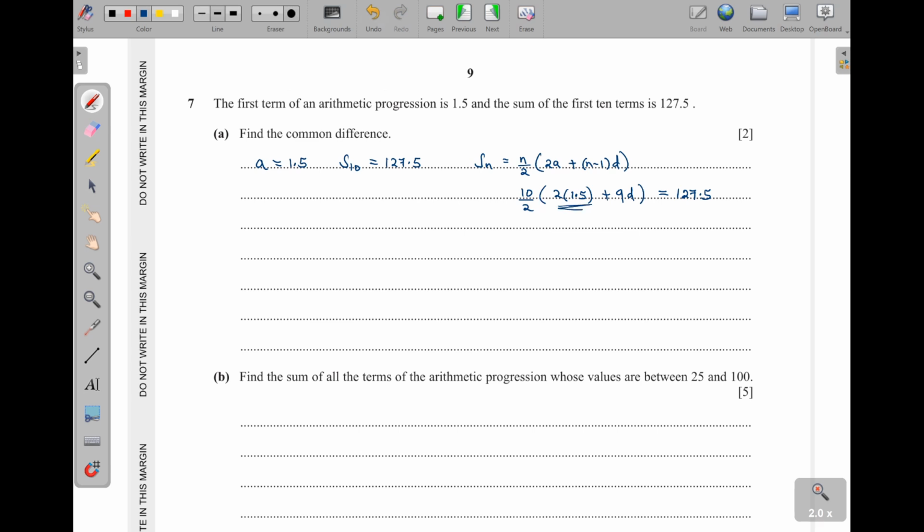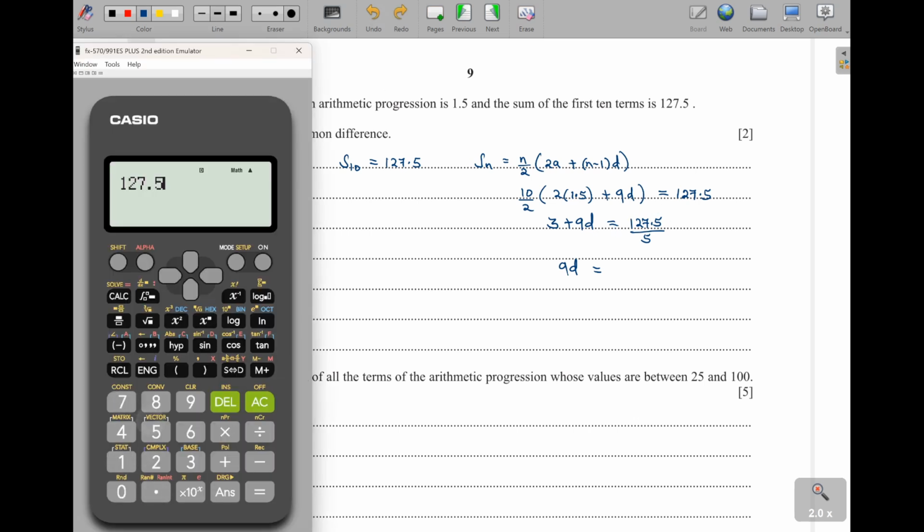When I multiply this one here, it will give me a 3, then plus 9d, which is equal to 127.5. Then I will divide by this 5 here, and then we shall have 9d equal to 127.5 divided by 5. Then I will subtract a 3, because when the 3 crosses, it will be negative.